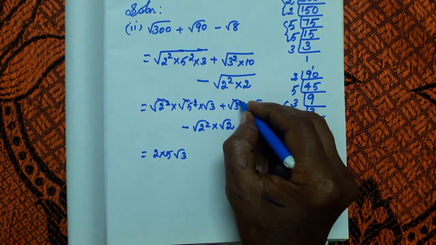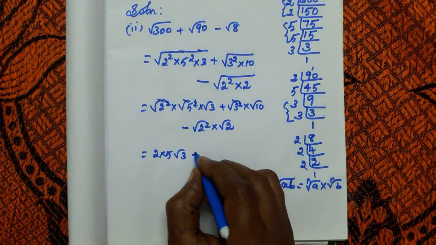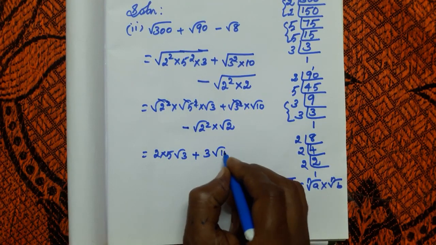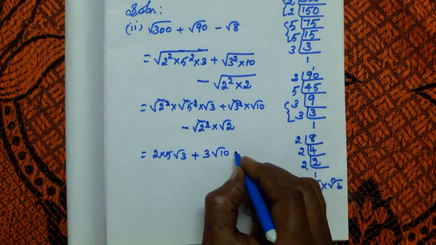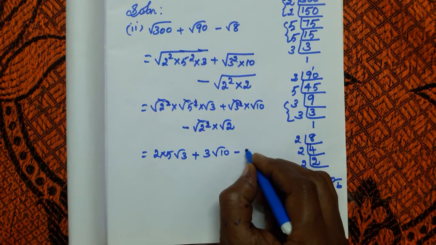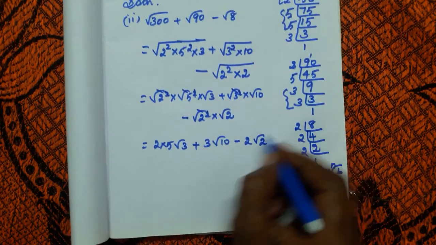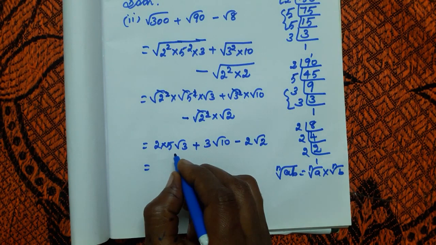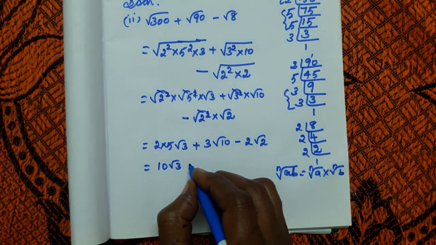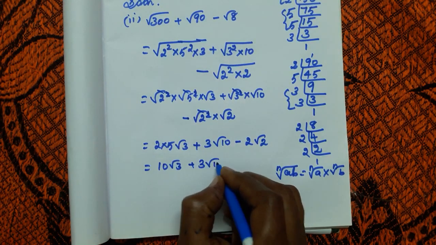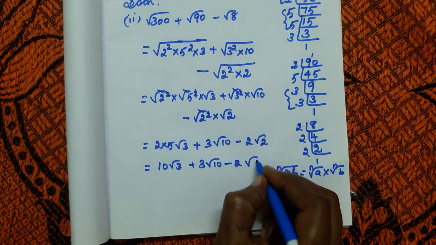Next, square root of 3 square is equal to 3. 3 root 10. Next, square root of 2 square is equal to 2. Minus 2 root 2. So 2 into 5 is equal to 10. 10 root 3.